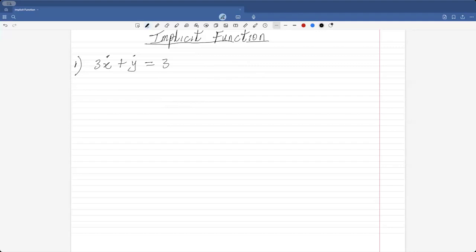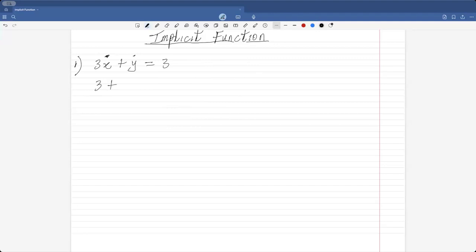Now, our main goal in this case is to isolate dy/dx. So let's go. If we are told to find the derivative of this function, how can we do it? First things first, we have 3x here. The derivative of 3x is 3. Then we break the plus sign down.